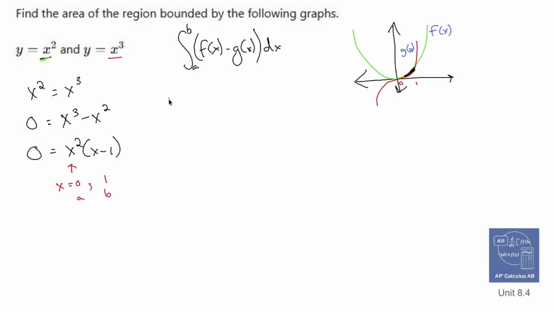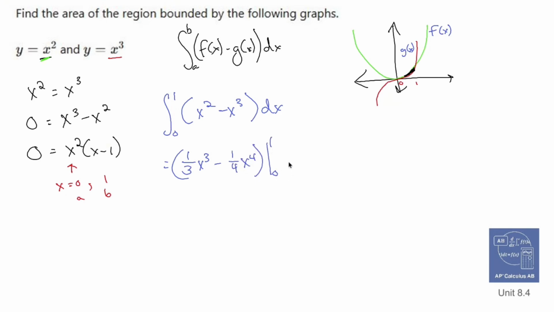But the integral that we're going to set up is the integral from 0 to 1 of x squared minus x cubed dx. Integrating that is going to give us 1/3 x to the third minus 1/4 x to the fourth with limits at 0 and 1.